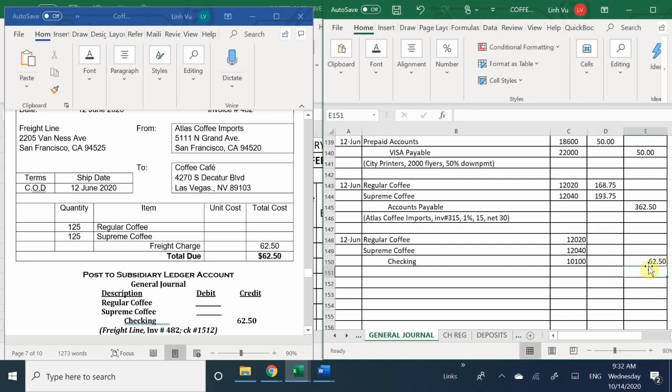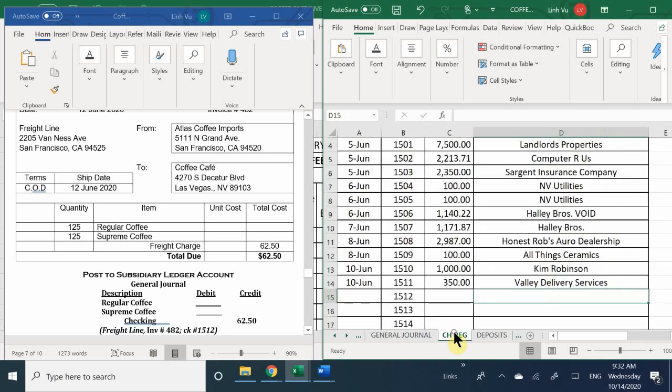So 62.50 is what I am paying, and how much for each inventory item? 31.25. Good, we just divide it in half. First things first, we have to write our check. So go to your check register.